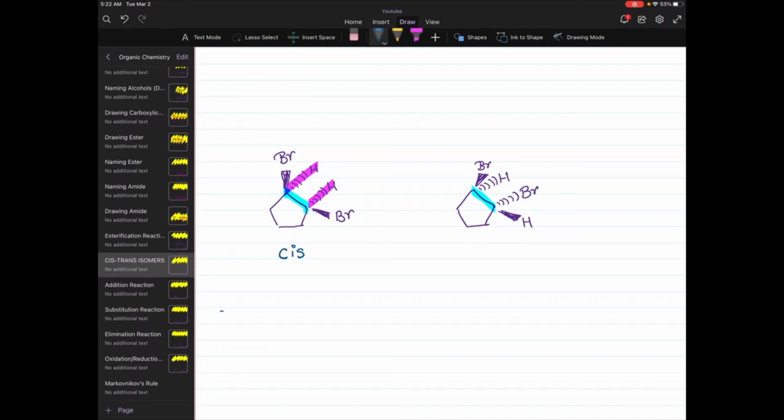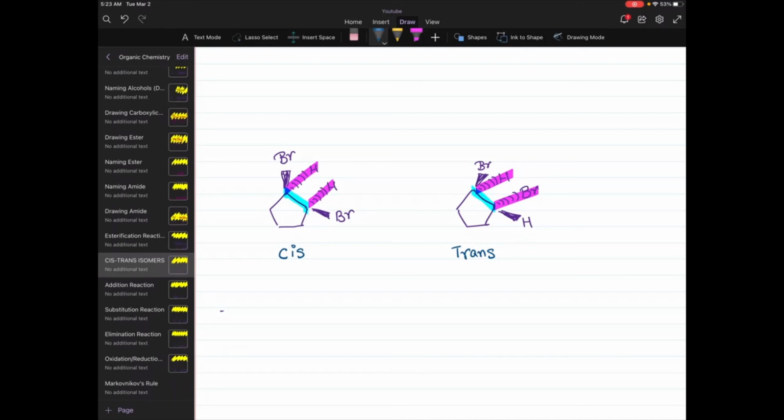And if you look at the next one, we have hydrogen sticking out on one and bromine sticking out on the other. So therefore, this one is going to be a trans configuration. I hope this helped to clear out the idea behind cis and trans concepts.